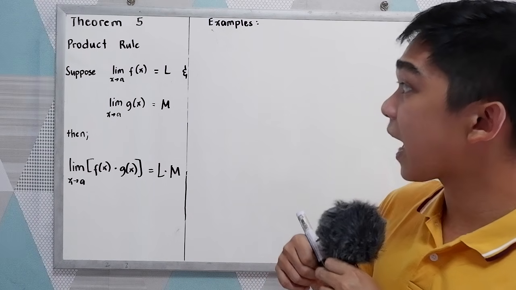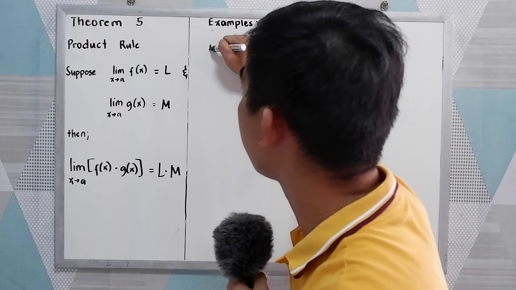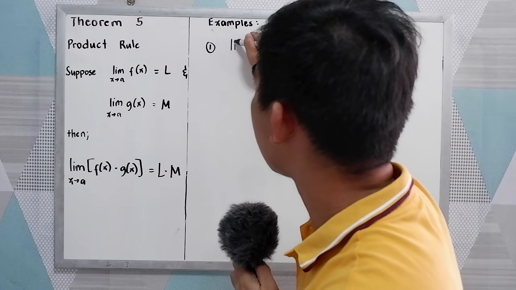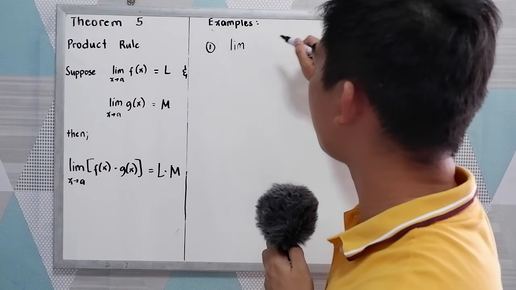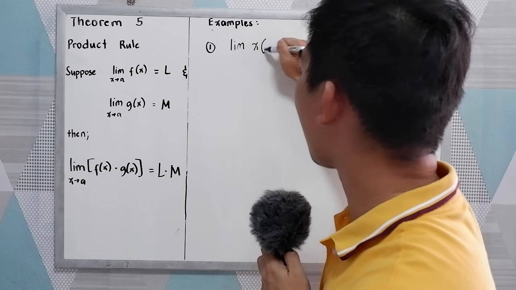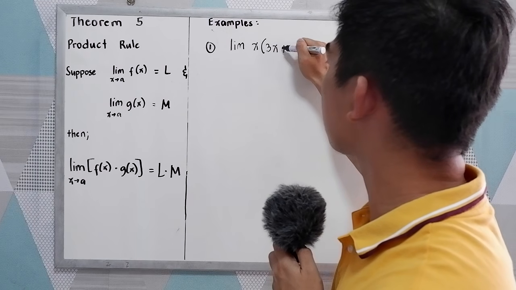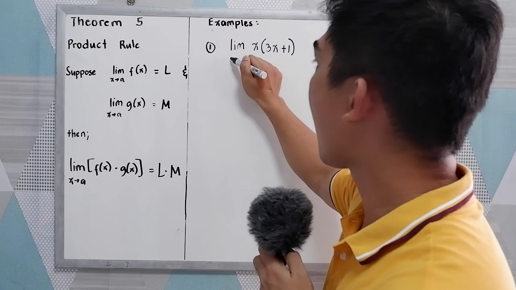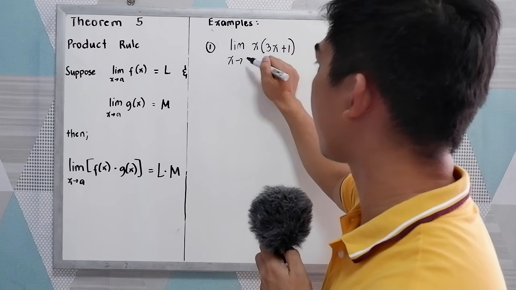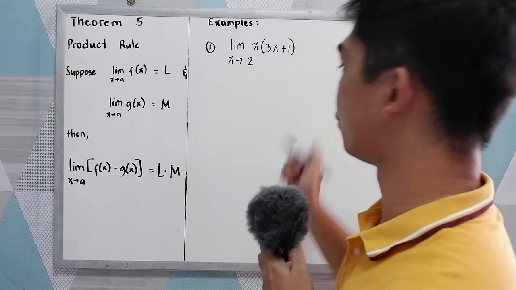So to illustrate, let's have this problem. Let's say we have the limit of x times 3x plus 1 as x approaches 2. Okay.